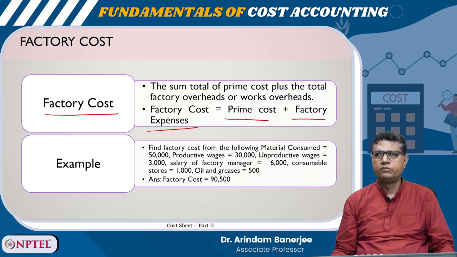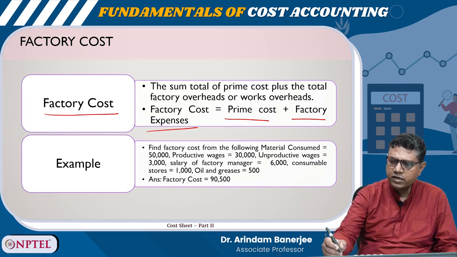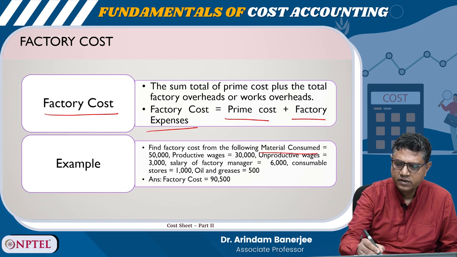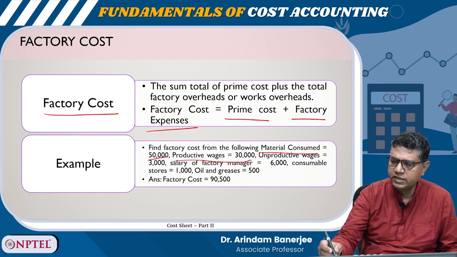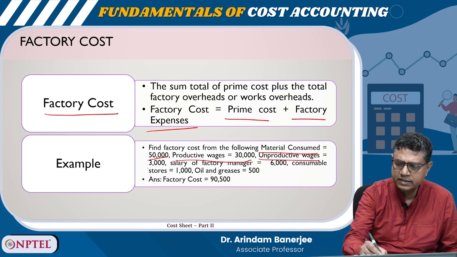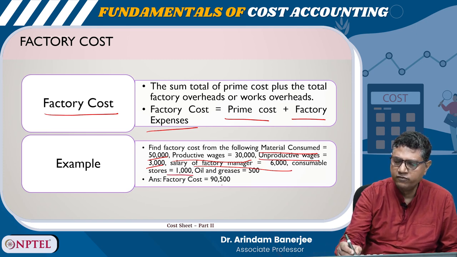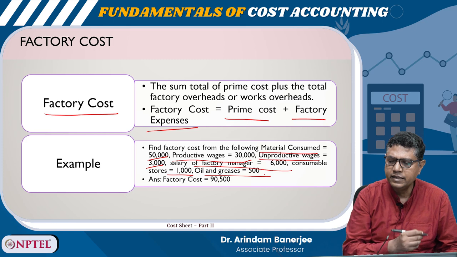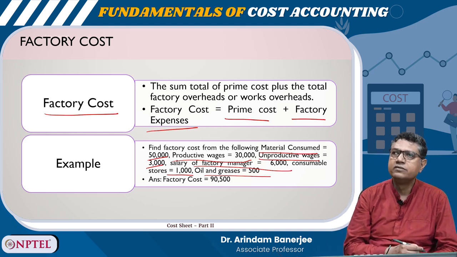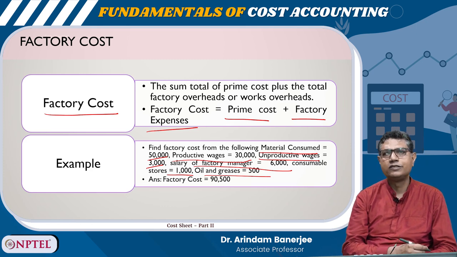Here is one example. Find factory cost from the following: material consumed 50,000, productive wages 30,000, unproductive wages 3,000, salary of factory manager 6,000, consumable stores 1,000, oil and grease 500. As you remember, we discussed the concept of indirect expenses or overhead.